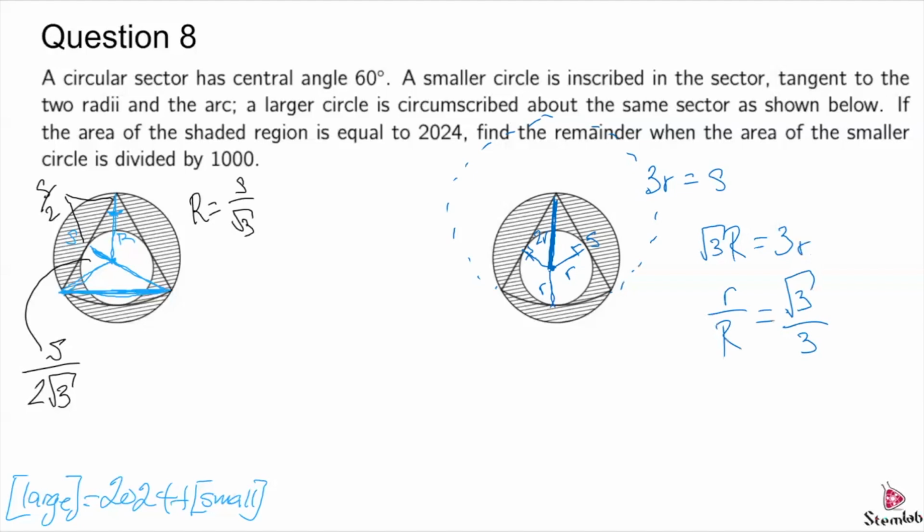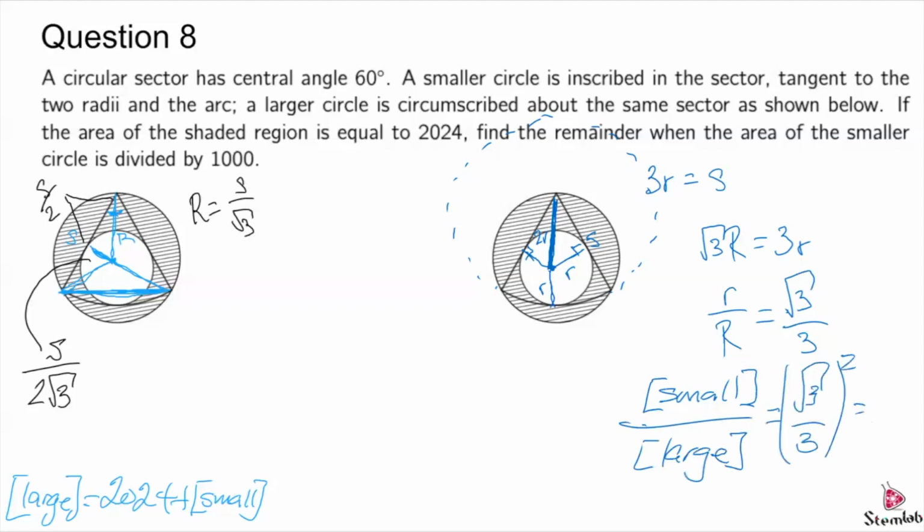So the area of the small circle to the area of the large circle should be equal to the square of root 3 over 3, which is just 1/3.